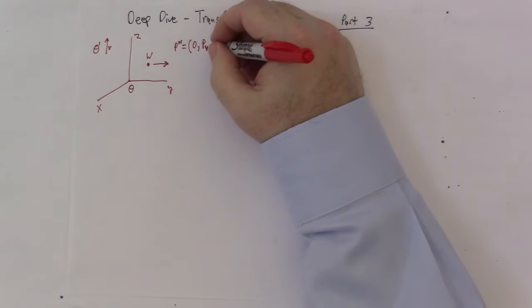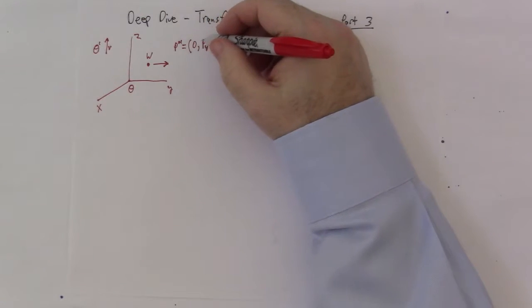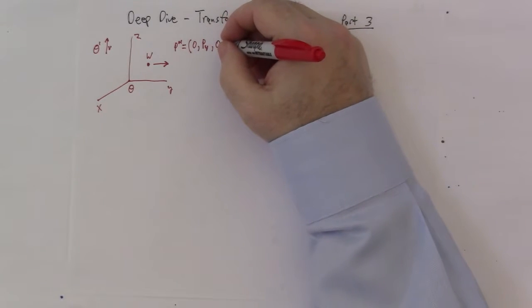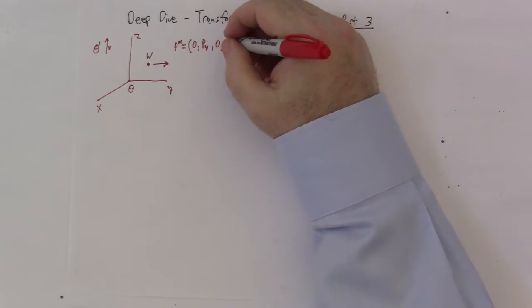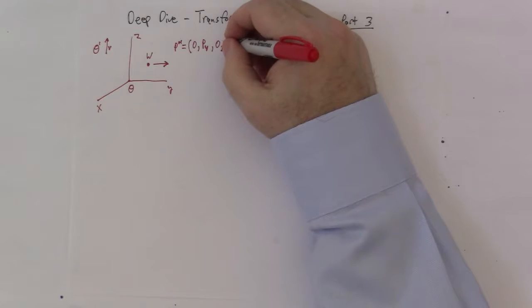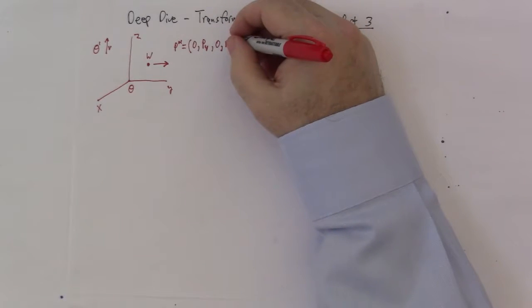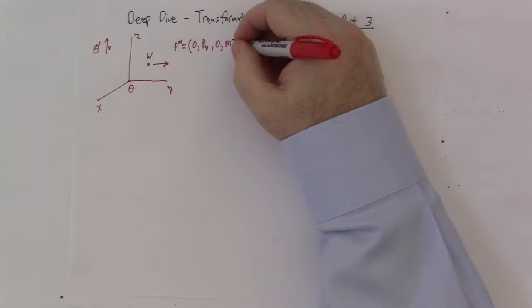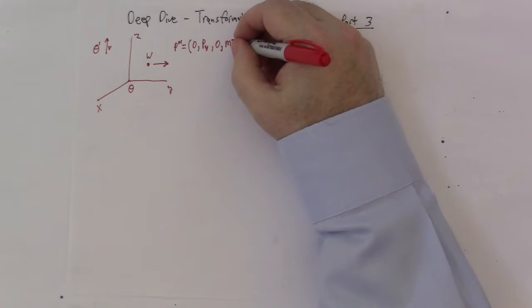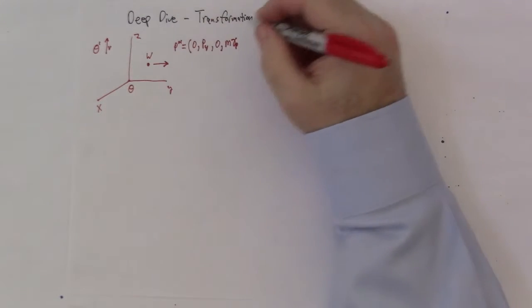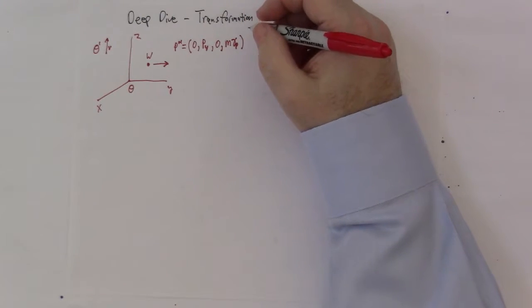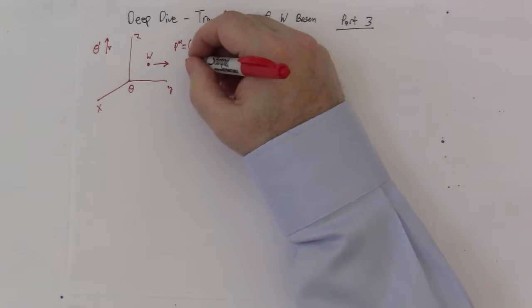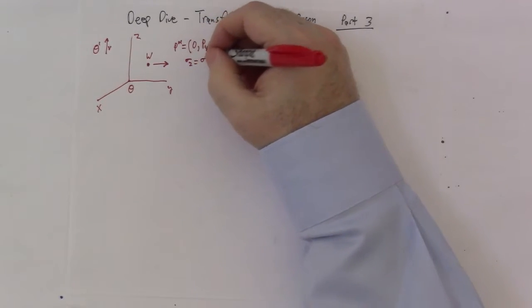So the momentum is: no momentum in the x direction, py in the y direction, no momentum in the z direction, and then the energy is given by the usual relativistic formula, the mass times the gamma factor. I'm going to put a subscript p on that to indicate that it corresponds to this 4-momentum p, because we're going to have several gammas in this problem. And its spin component is given by sigma z equals sigma.